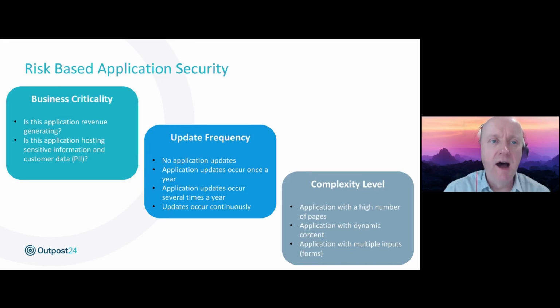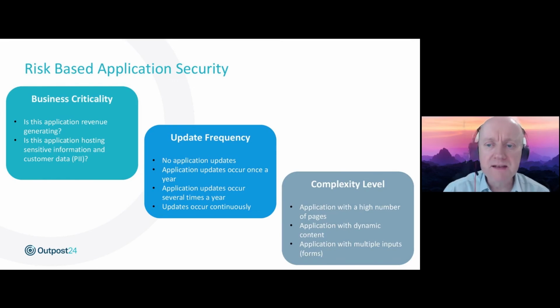If the application is revenue generating, then clearly that makes it a much more critical application. Similarly, if it's hosting critical information, personal information of customers or employees, or holding our intellectual property, then that bumps up the criticality.